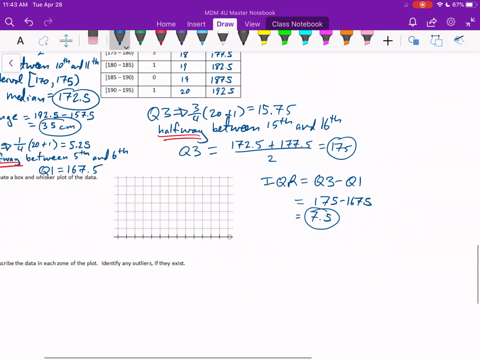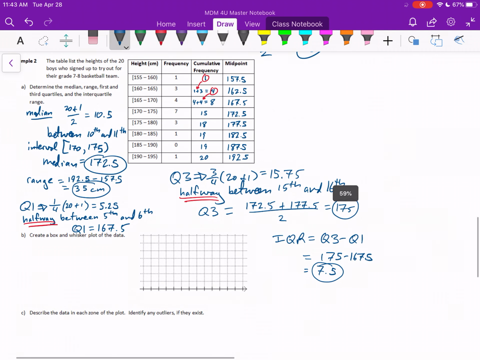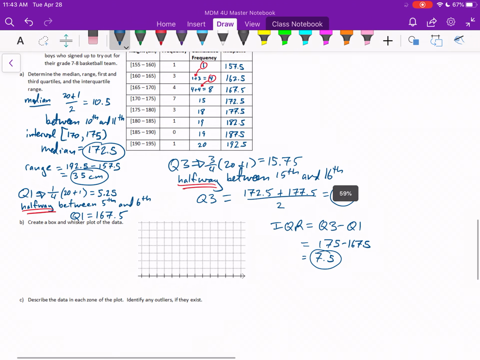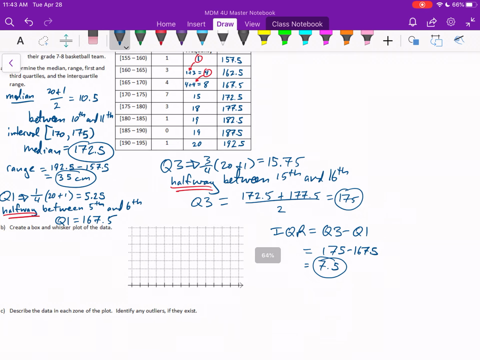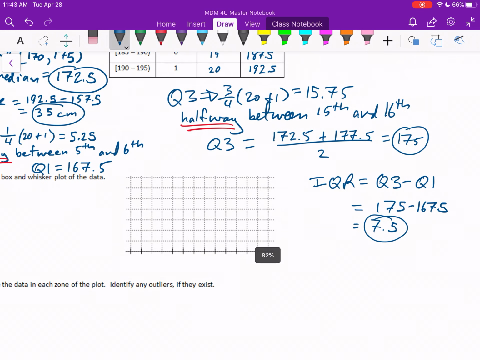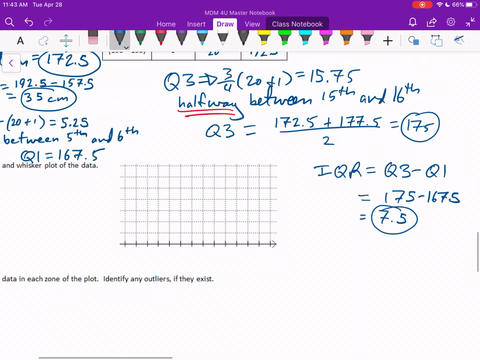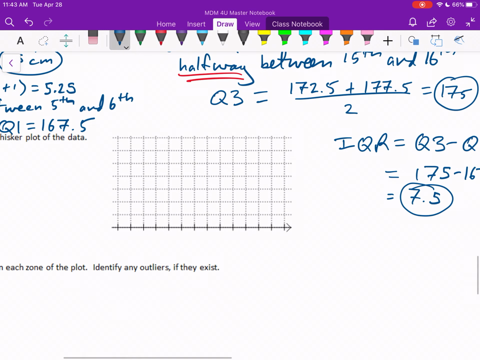Okay, if we want to create a box and whisker plot, now we've got all the information we need. I need to go from 157, or at least have room to go from 157 up to 192.5. So if I start at 150 and go up by 5s, but I'll only label every second one, I've got enough room there.